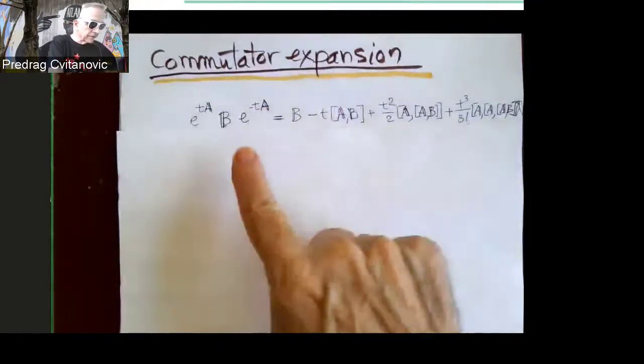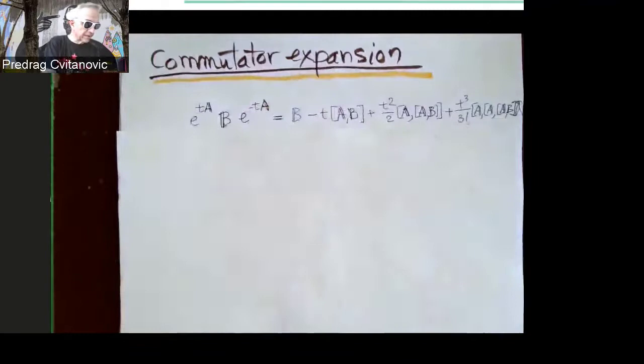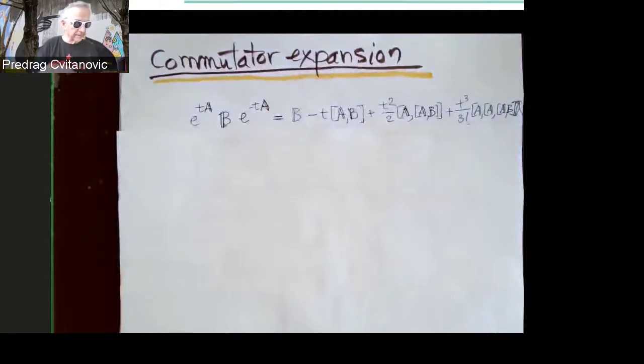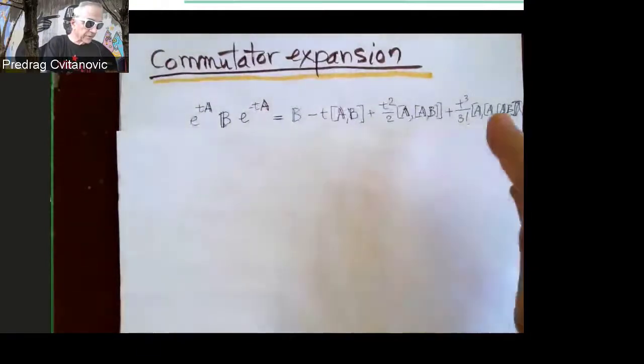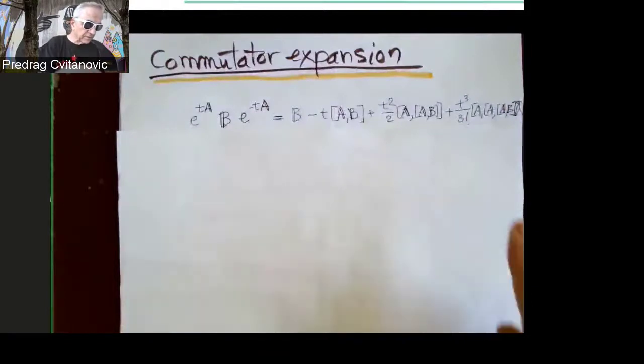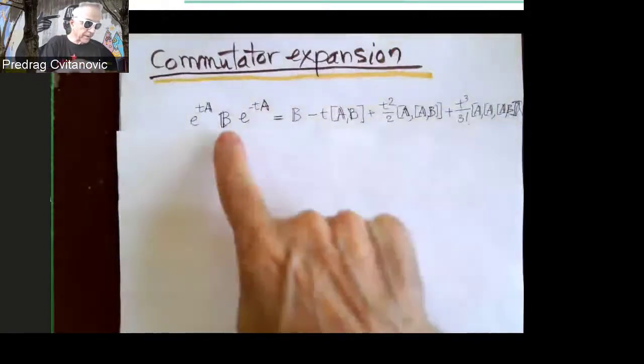It turns out the next term is B commuted twice with A, a nested commutator. The next term is t cubed over 3 factorial. So this actually looks like a Taylor expansion. And it always has one power of B because there is only one power of B.